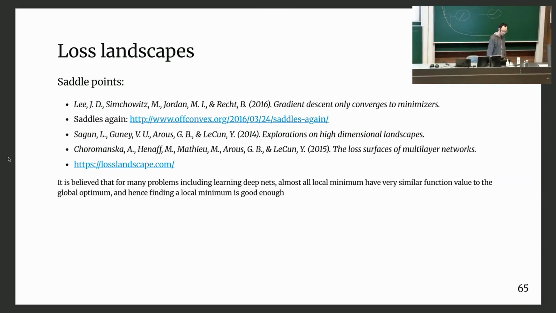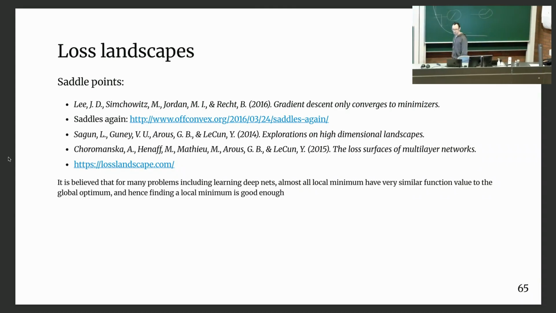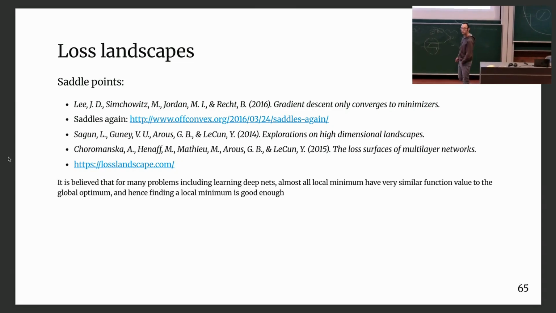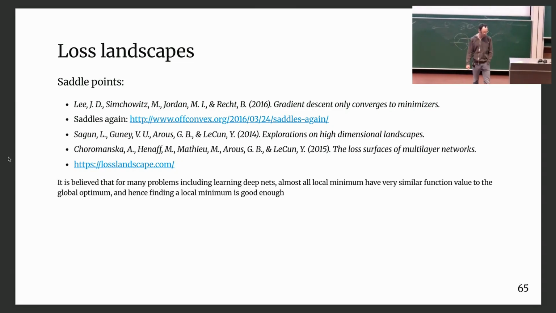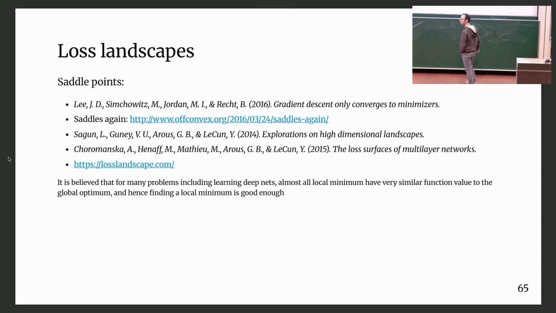Secondarily, people have done some analyses of loss landscapes of networks, and what they find is, yes, indeed, there are a lot of local minima. These things are not smooth at all, but typically they all come with generally the same loss values anyway. So it's not that much of an issue that you end up getting stuck in a local minimum, as long as you do find a local minimum.